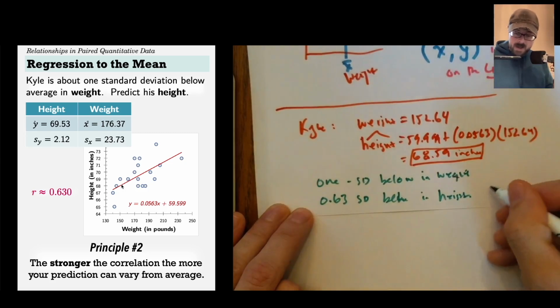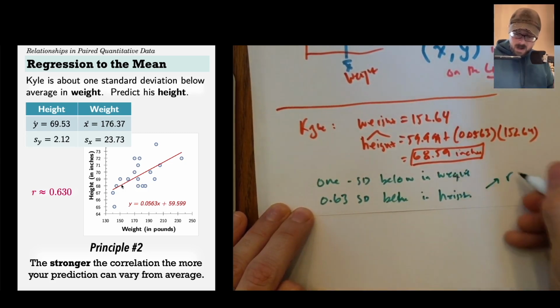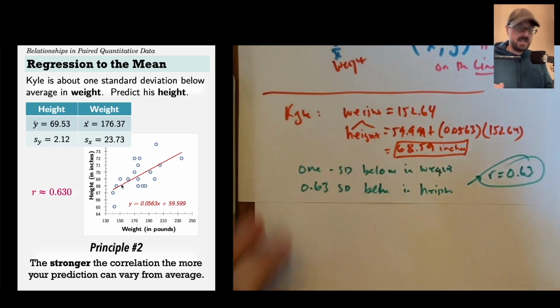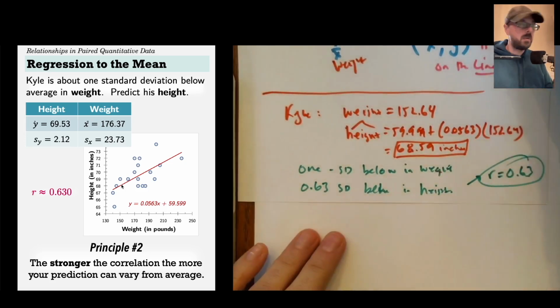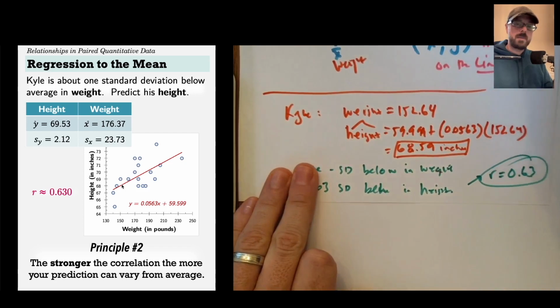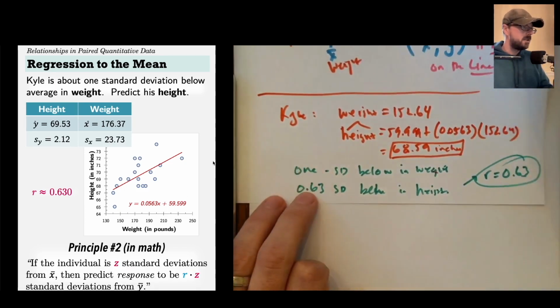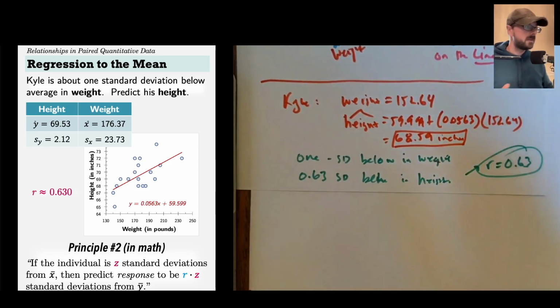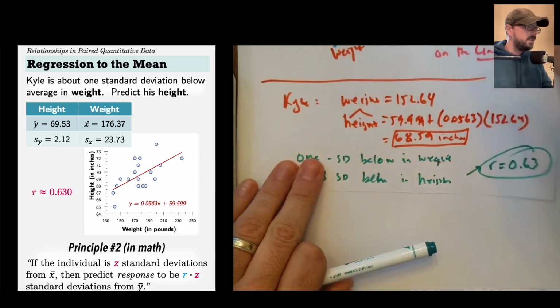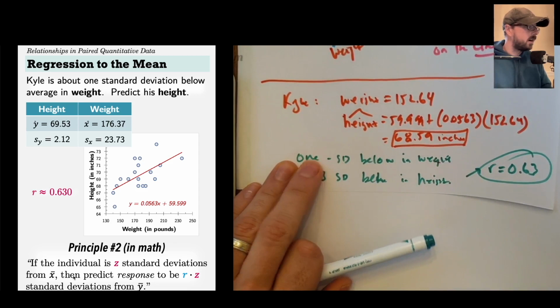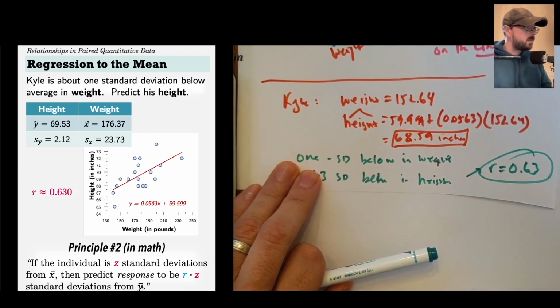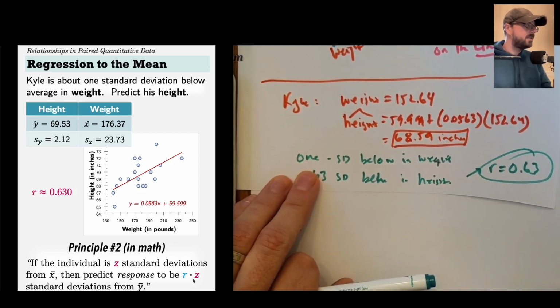Why? Because the R value in this case was 0.63. And so the mathematical principle is this. When we're trying to make predictions for values that are different from average, we're going to use z-scores. If the individual is z standard deviations from x bar, then we'll predict the response to be R times z standard deviations from the average of Y.